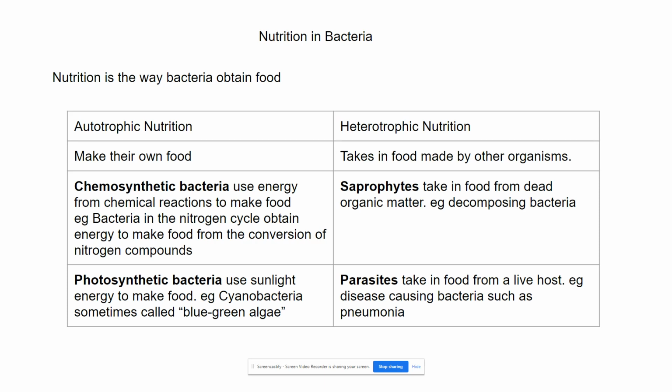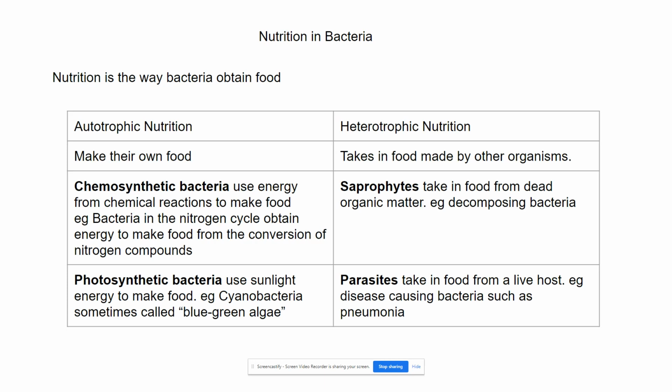Chemosynthetic bacteria. These bacteria use energy from chemical reactions. They use that energy to make food. The example that you should know would be bacteria from the nitrogen cycle, in particular nitrifying bacteria. They obtain energy to make food from the conversion of nitrogen compounds, specifically when they're converting ammonia to nitrites.